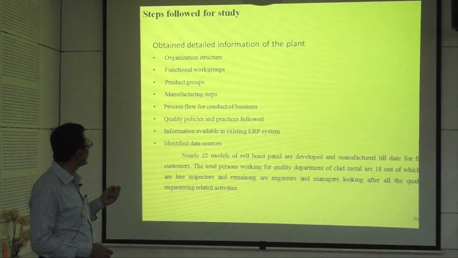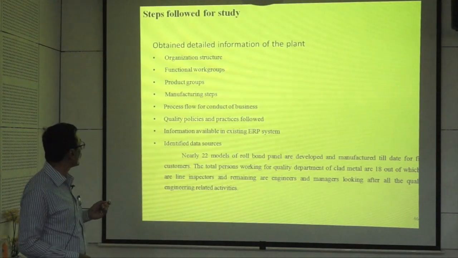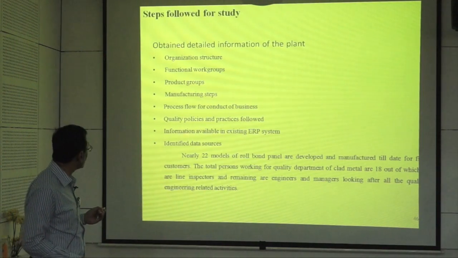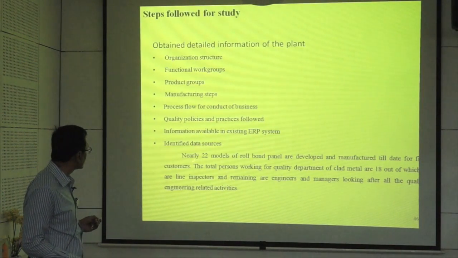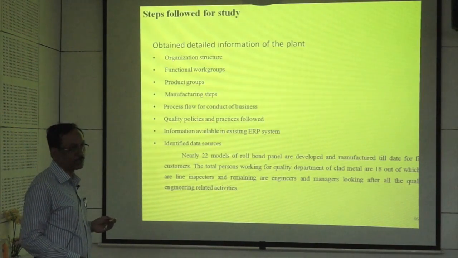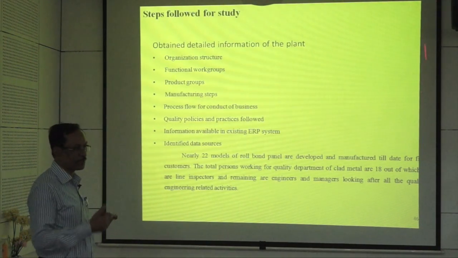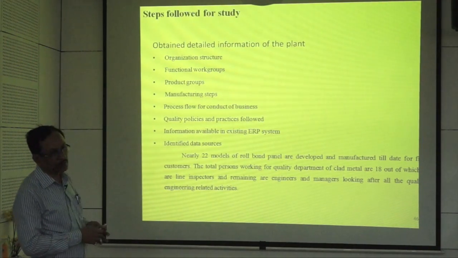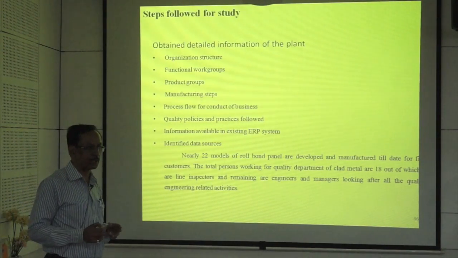Then I myself obtained all the detailed information, right from organization structure, functional work groups, product groups, manufacturing steps, process flow for the conduct of business, quality policies and practices followed, and information available in the existing ERP system, and identified the data sources for cost of quality. The product is a roll bond panel, a refrigerator component.